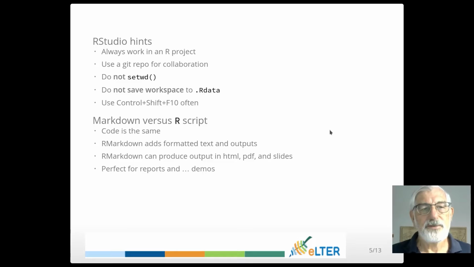And it's very easy to collaborate with colleagues. Now, when you work this way, all the problems of working directories and paths on different computers go away. No need for working around with set working directory and all those workarounds.